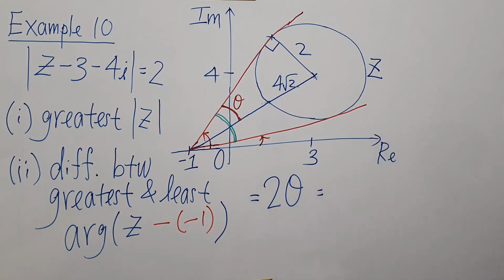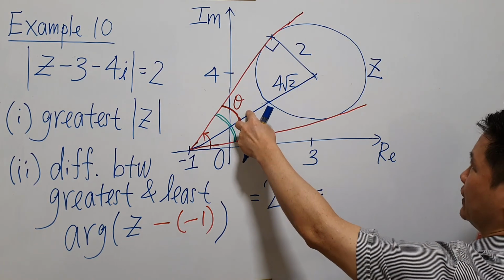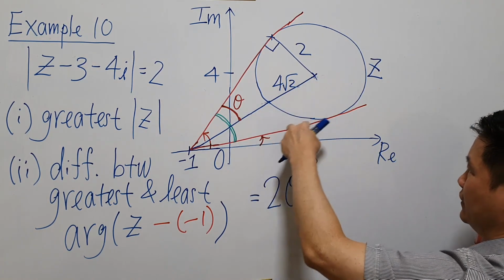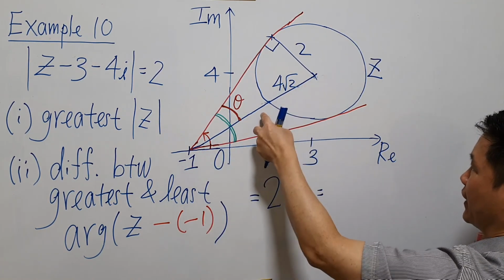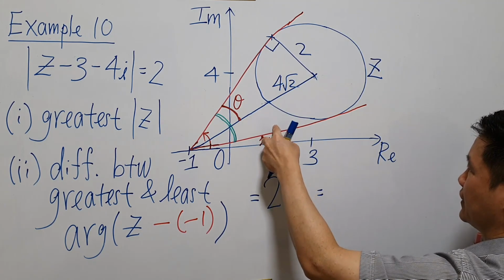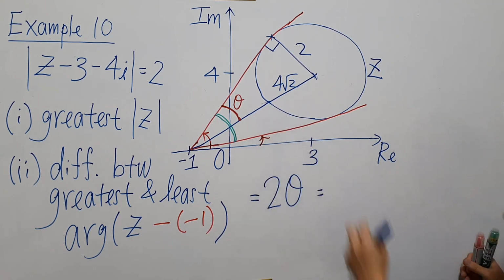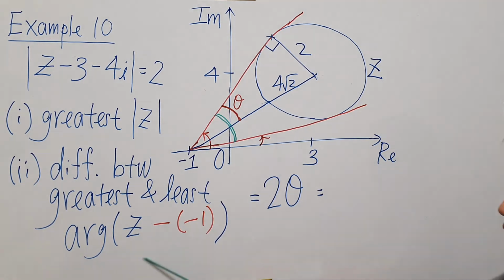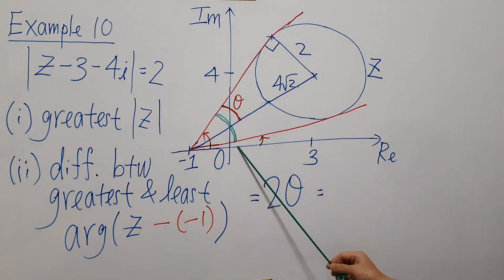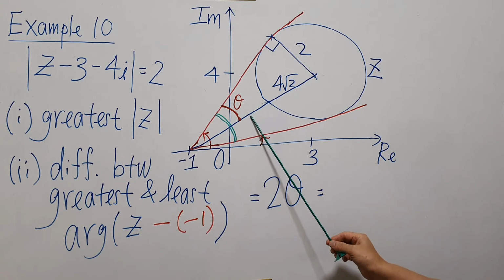Can you see? Because this angle is theta, I could produce the same triangle and get another angle theta here. Can you see? Another angle theta here. So to find the difference between the largest and the smallest, which is the green angle, I can do it as 2 times theta. Theta is here, and there's another theta here.